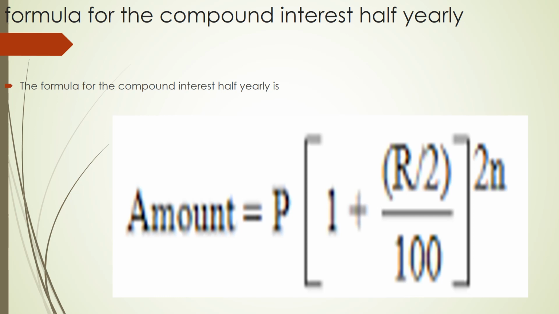half yearly. Now here is the formula used for the compound interest compounded half yearly. Sometimes you will feel it is very difficult, but don't worry, it's very easy.